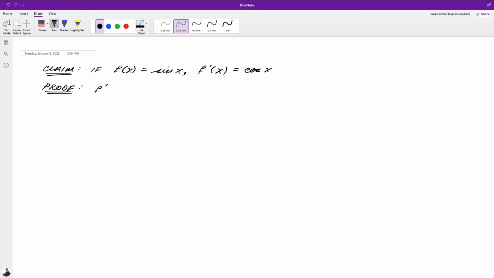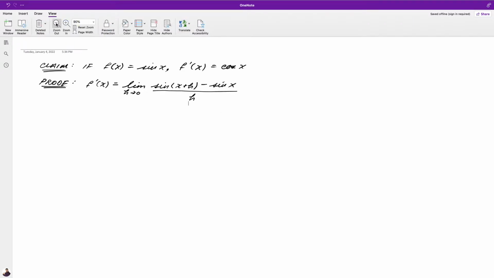Okay, so f prime of x is going to be equal to the limit as h trends to 0 of the sine of the quantity x plus h minus the sine of x, all, of course, divided by h. Now, I am going to be using the sine of a sum expansion, which I have proven in another video, so feel free to access that. But I will go ahead and establish it right here.